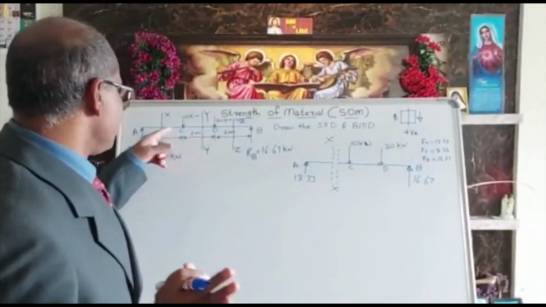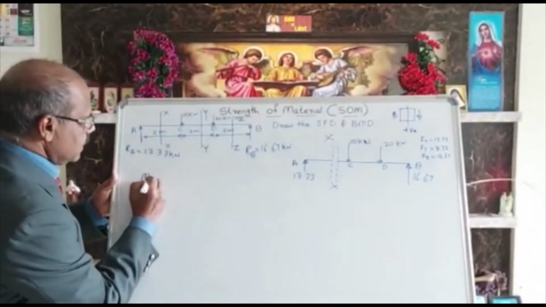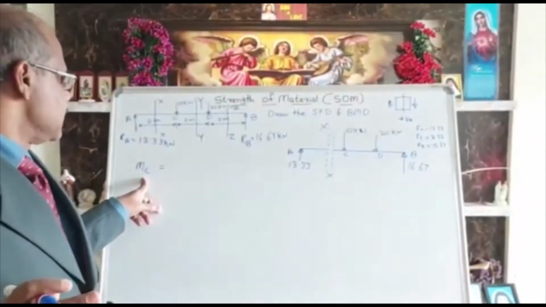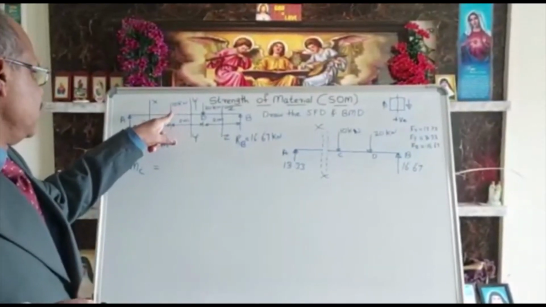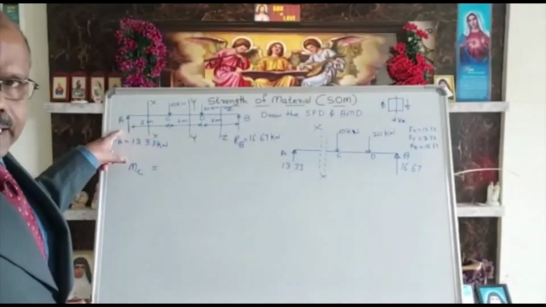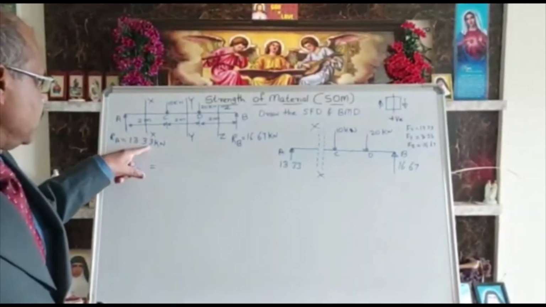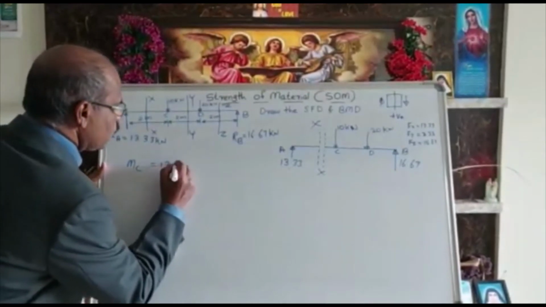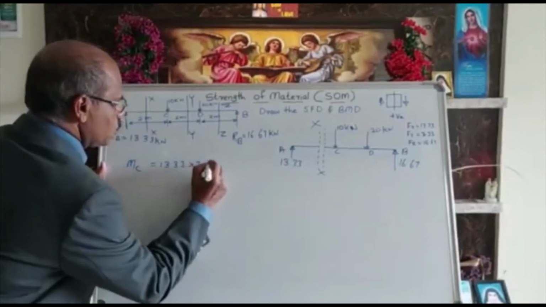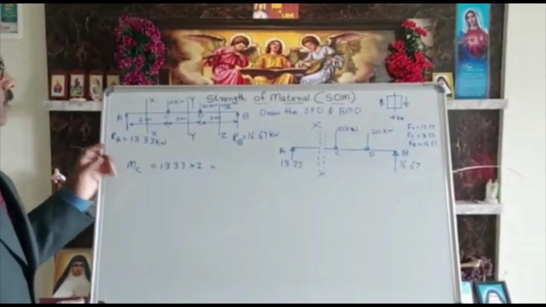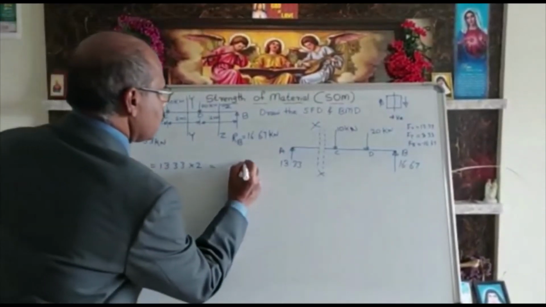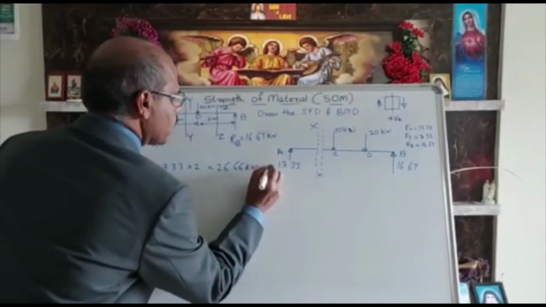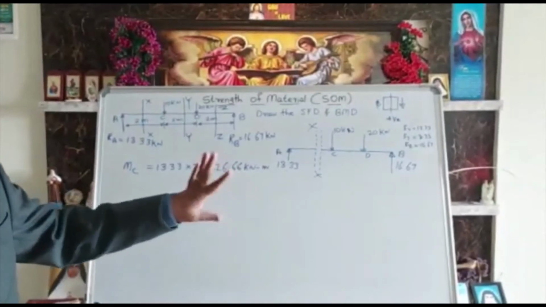So let us consider the point C, MC, the bending moment at C. We have the Ra force, 13.33, at a distance of 2. So 13.33 force into perpendicular distance 2 is the bending moment at C. This will be 26.66 kilonewton meter. Kilonewton into meter, so kilonewton meter.